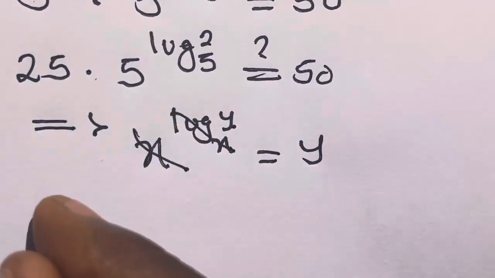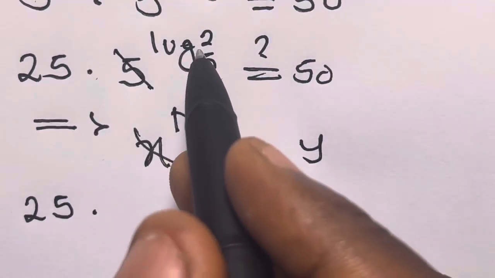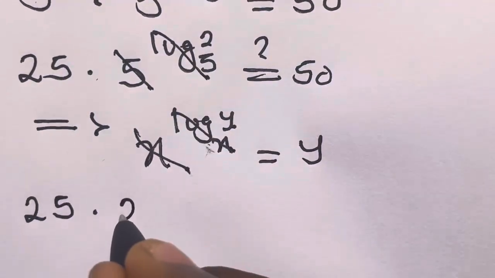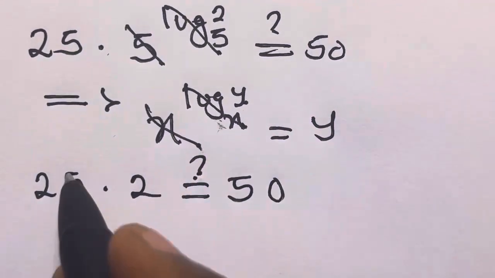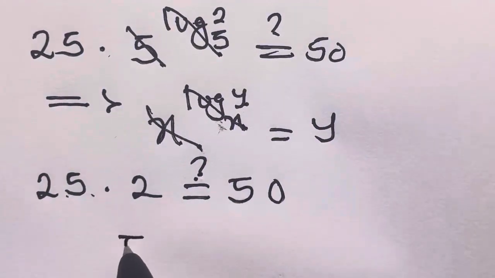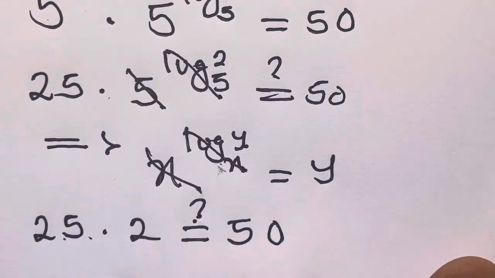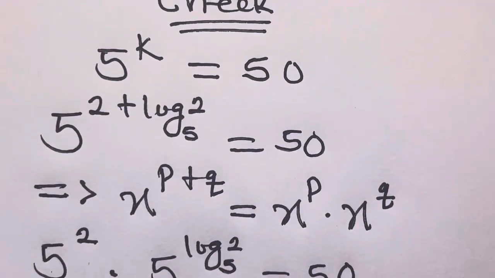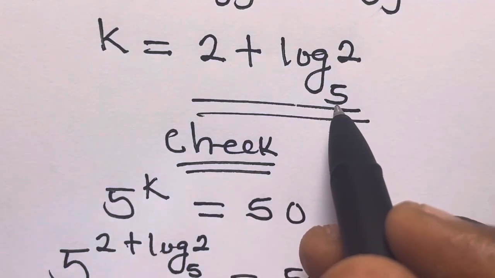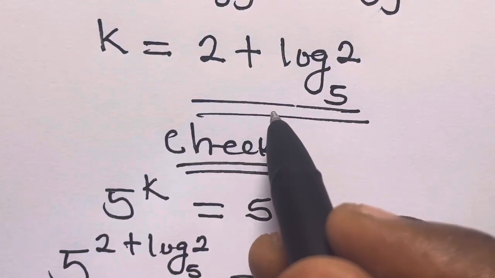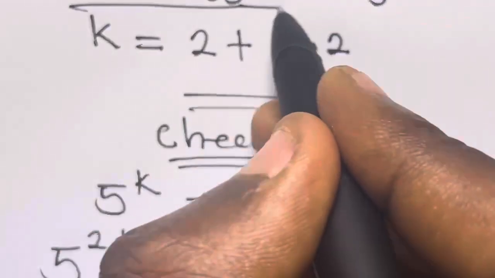So looking at this, we'll have 25 times, and you observe that this cancels this, so we have 2, equals 50. Multiplying out, we have 25 times 2, that is 50 equals 50, right? So that means that our k equals 2 plus log 2 in base 5 is valid, right? So you take it as our solution.